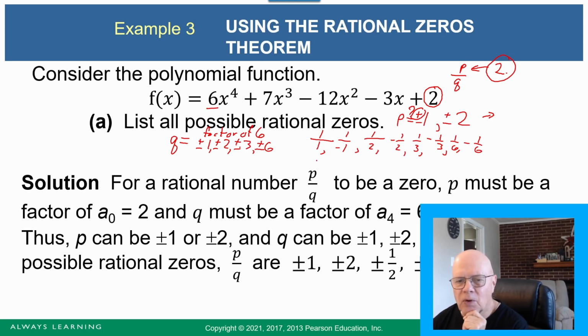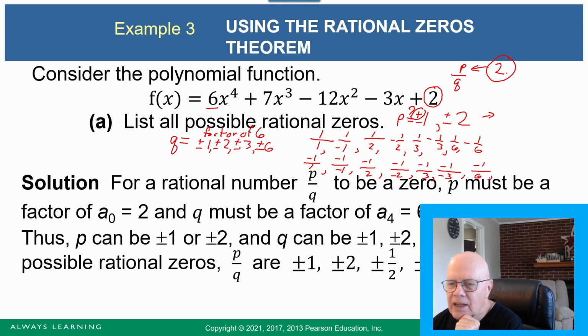Well, -1, you're going to get -1 over 1. We're just changing the numerator. -1 over -1, we're just changing the top. -1 over 2. -1 over -2. -1 over 3. -1 over -3. -1 over 6, and -1 over -6.